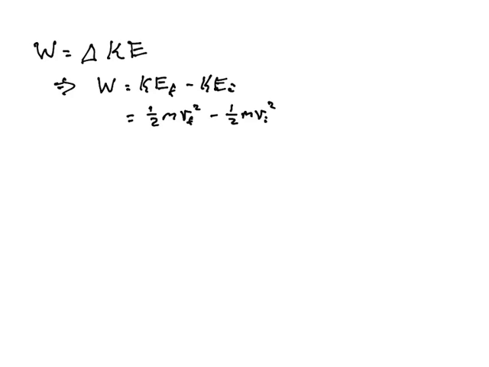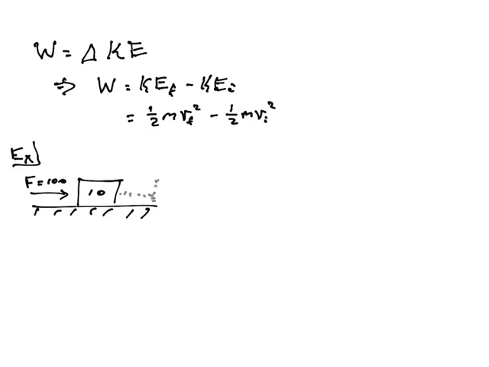Now what we're going to be able to do is, for all the problems we've asked in the past about work, we can ask a new question, a part B, let's say. So if we remember, take for example the question where we had a box on the table, mass 10 kilograms, we push with a force of 100 newtons to the right, and the box slides a distance of 5 meters.